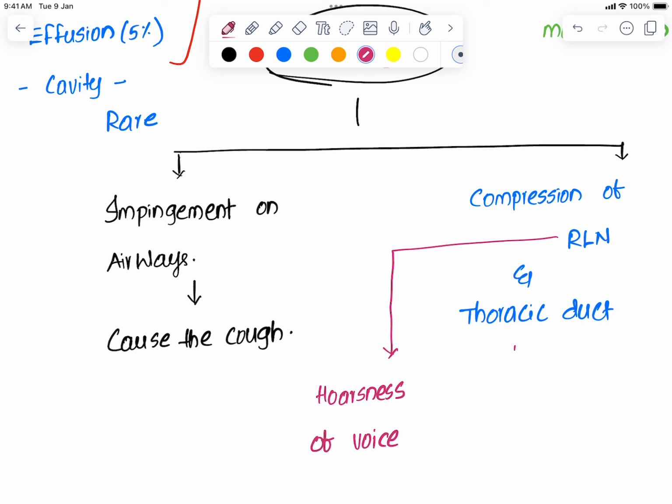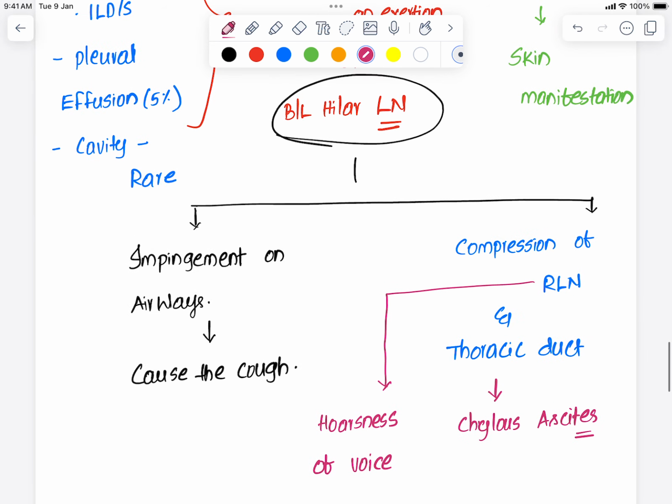And because of the compression over the thoracic duct, that will cause chylous ascites. So these will be the features because of bilateral hilar lymph node enlargement.